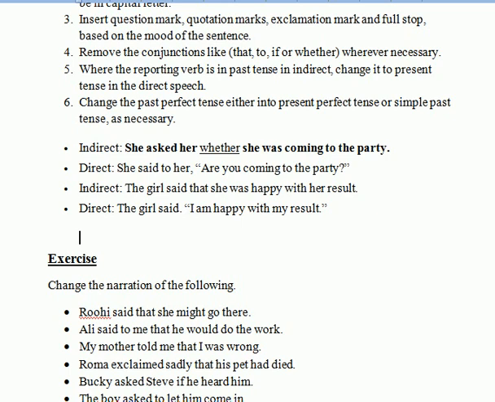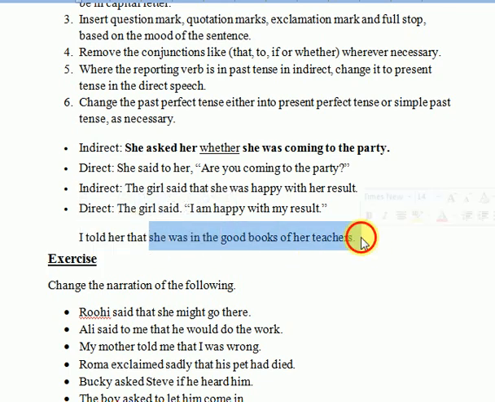I would give you more examples, so that the ideas become clear. For example, if the sentence is "I told her that she was in the good books of her teachers." If we get such a sentence, what are we going to do? Firstly, I'm going to mark this part, that is the conjunction, and that's the reported speech part.